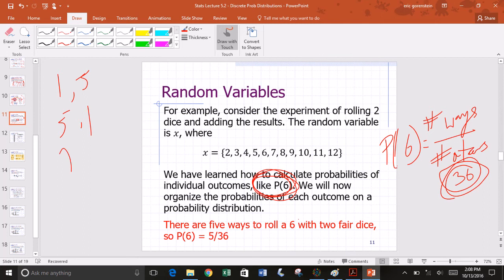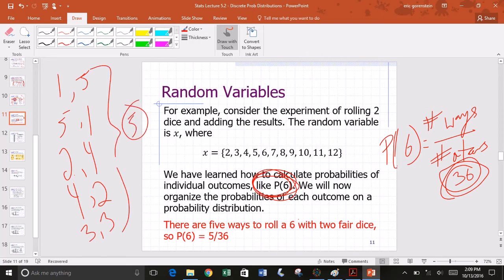You could roll a 2 and a 4, a 4 and a 2, or you could roll a 3 and a 3. So there are 5 ways of rolling a 6. So the probability of rolling a 6 would be 5 over 36. So this would be a problem in the last topics, the probability of an event.